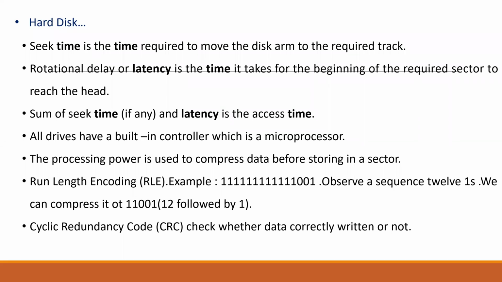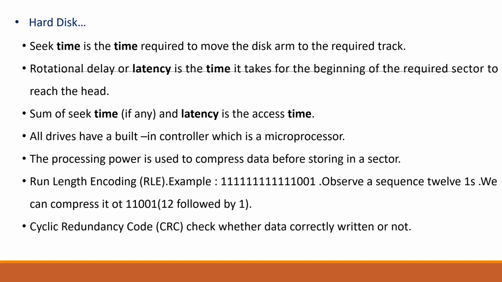Again, there is one more concept, the cyclic redundancy code. It is a code we can add to a particular binary string to check whether the data is correctly written or not.